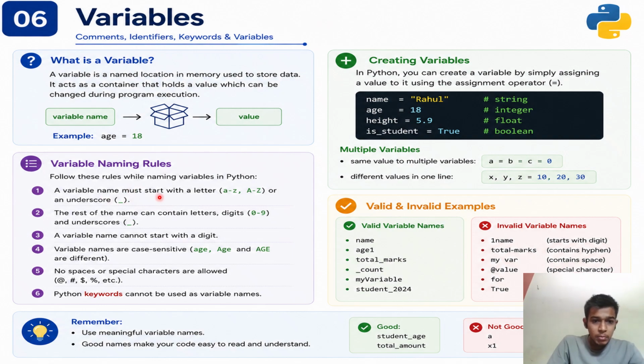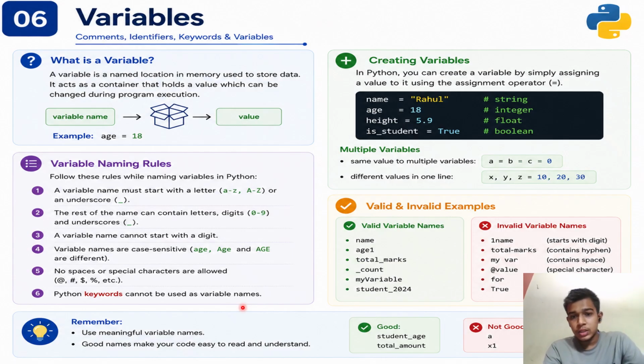The variable name must start with a letter or an underscore. The rest of the name can contain letters, digits, and underscores. It cannot start with a digit. Variable names are also case sensitive. No spaces or special characters are allowed. Python keywords cannot be used as variable names.